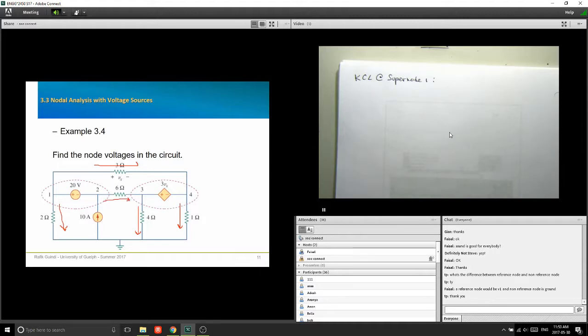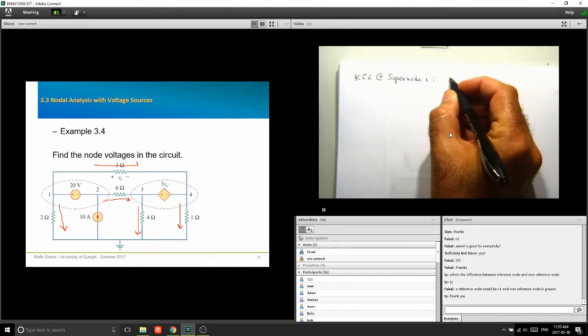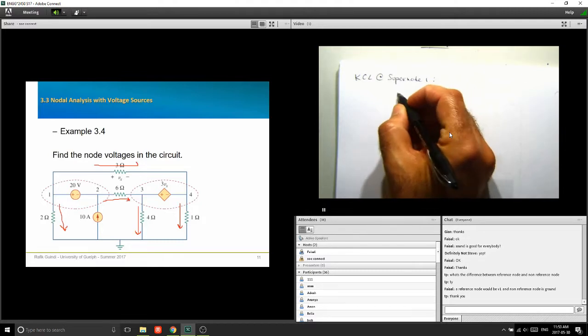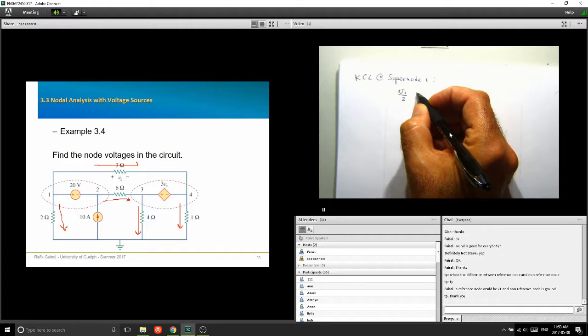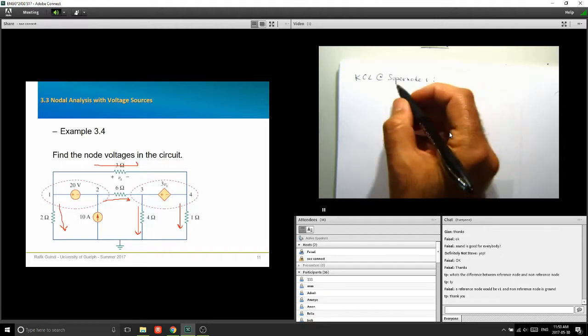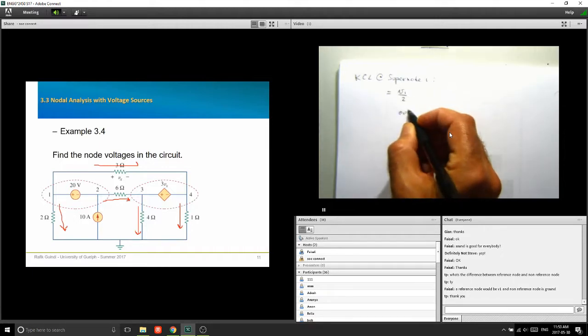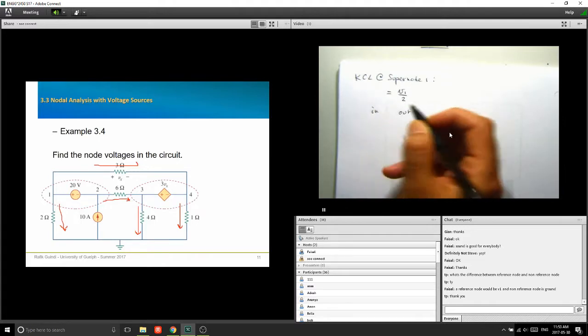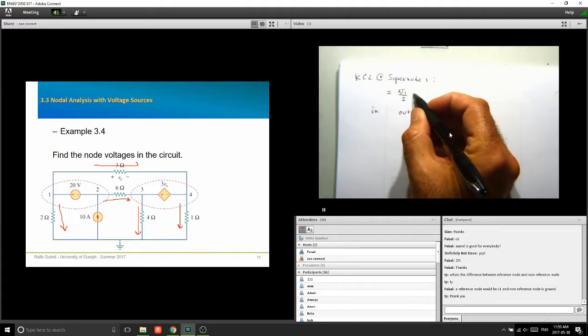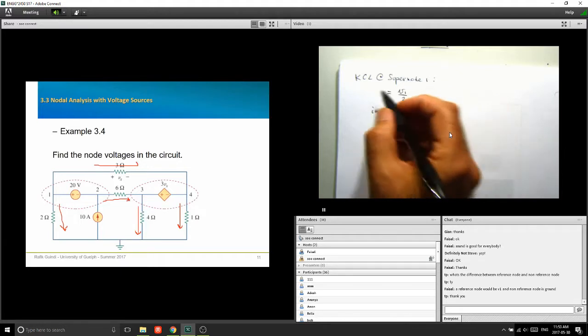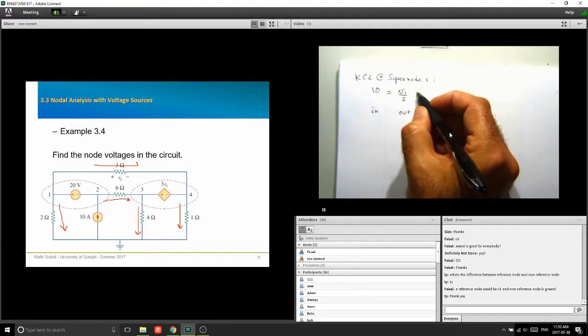So first supernode, you have the first current, that's V1 minus 0 over 2. This is going out, right? I have one current flowing in, which is my 10 amps. This one is going out. The top one in the 3 ohm is also going out.